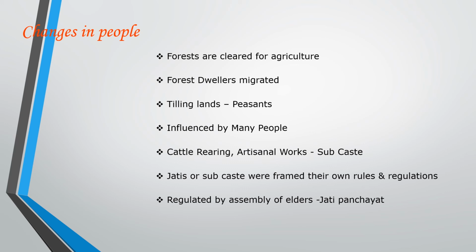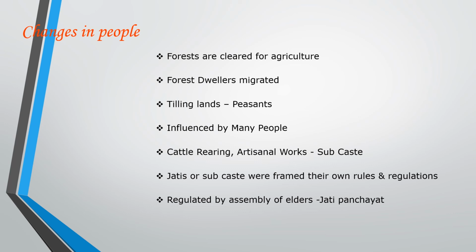But the major problem was that they were influenced by many people, like regional markets, chieftains, priests, monasteries, and temples, and in turn they had to pay taxes and offer goods. So this troubled the peasants. They couldn't supply to every one of them.